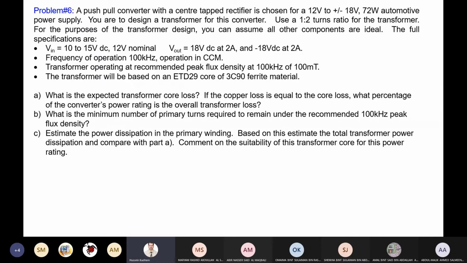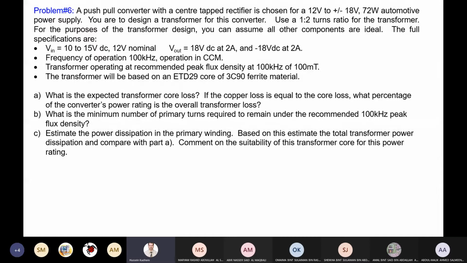And the push-pull is working in continuous conduction mode. Great. He told me that the transformer is operating at the recommended peak flux density at 100 kilohertz, 100 millitesla. He gave me here B. Okay. Flux density, B max. And the frequency, 100 kilohertz.